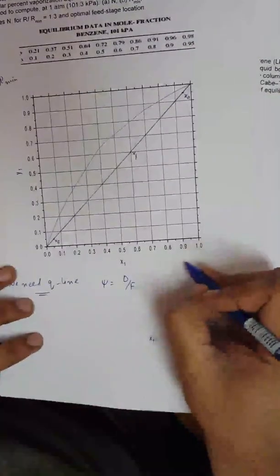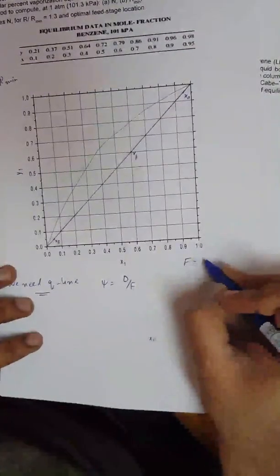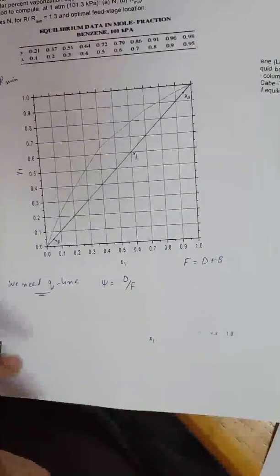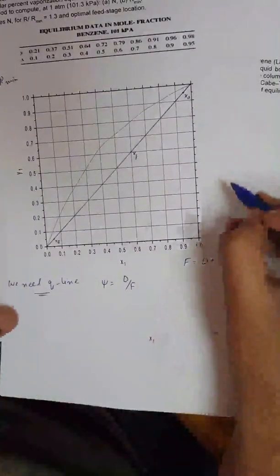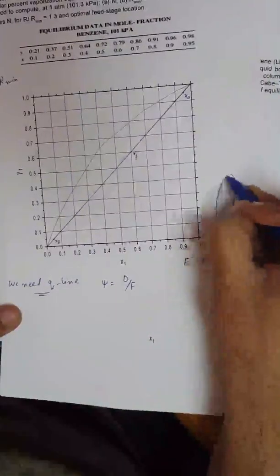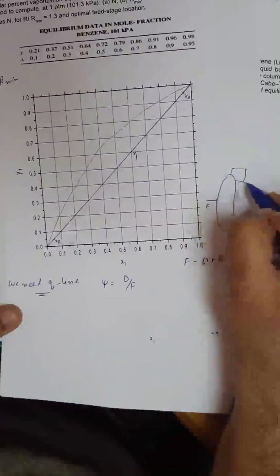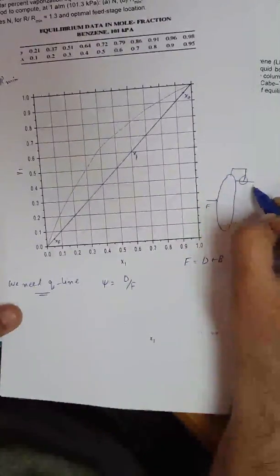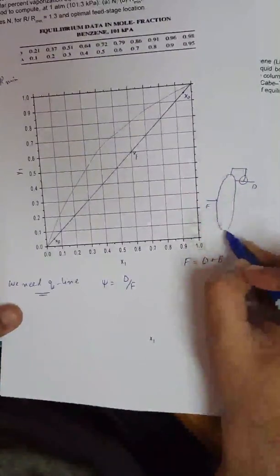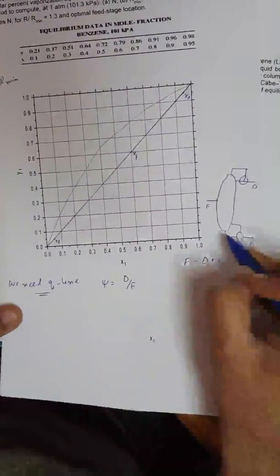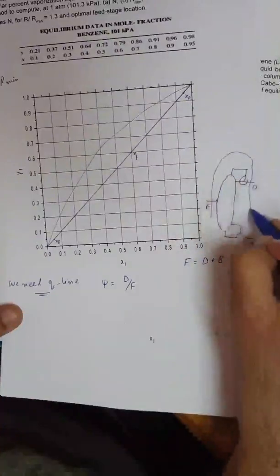First apply an overall balance on the distillation column. Remember, we have the distillation column. This is F, this is D, this is B. So we can apply the overall balance.